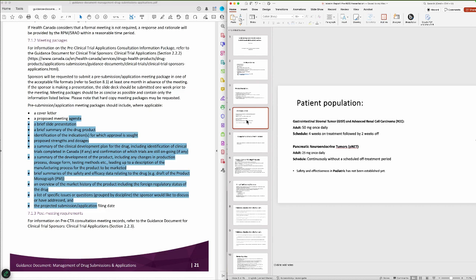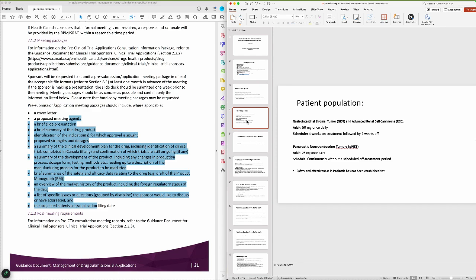And both expert teams want to make sure that the new drug that is going to the market has a complete new drug submission application, and has the safety, efficacy, and quality needed for the population.